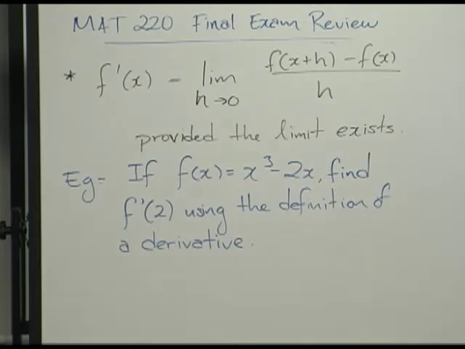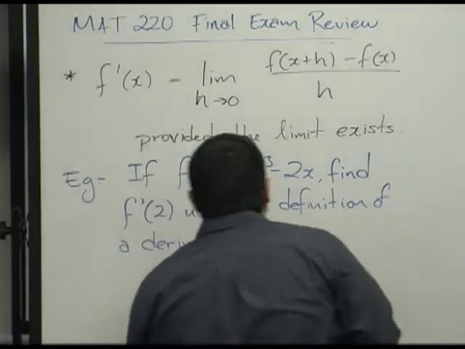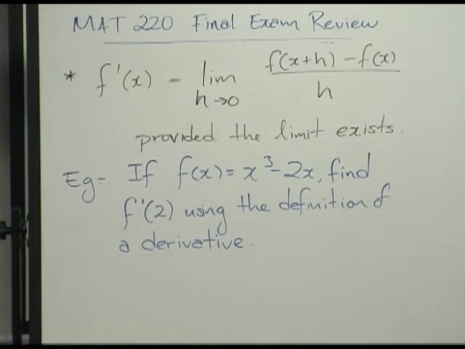Yes, I want you guys to find f prime of 2, and I don't want shortcuts here. I want the actual definition of the limit of the derivative, right? The limit definition. Okay, so let's go ahead and set it up.